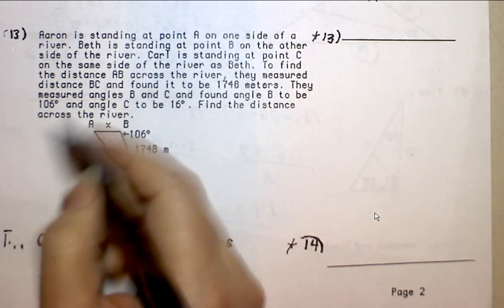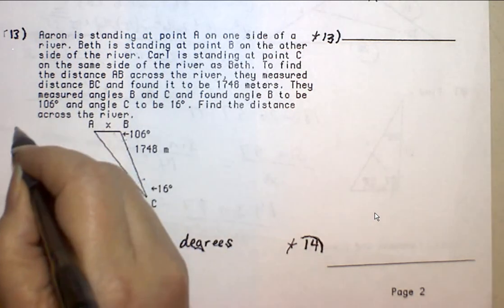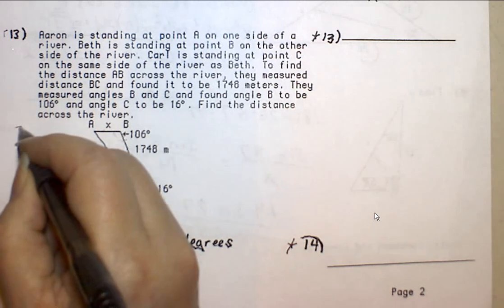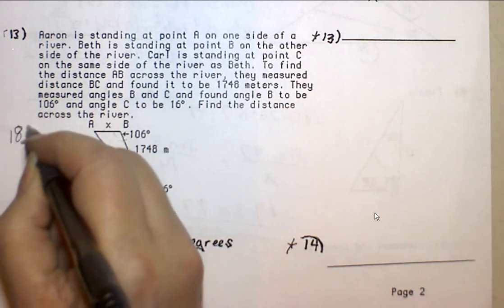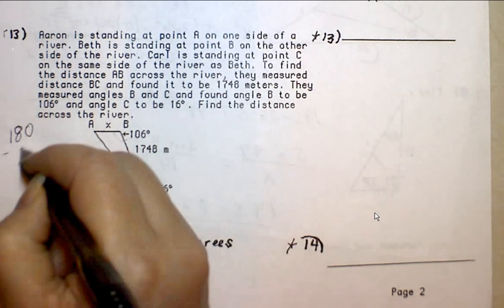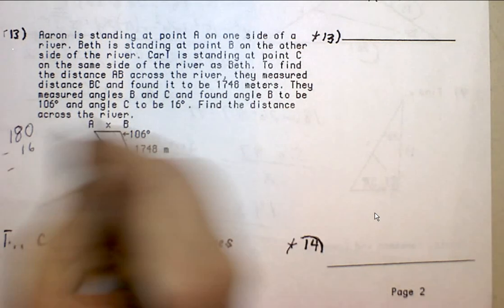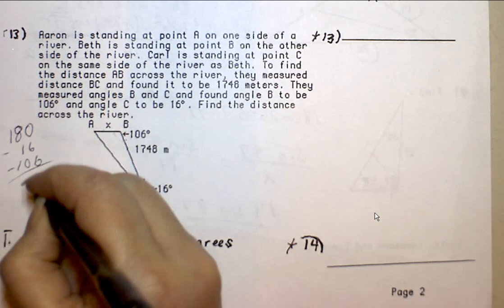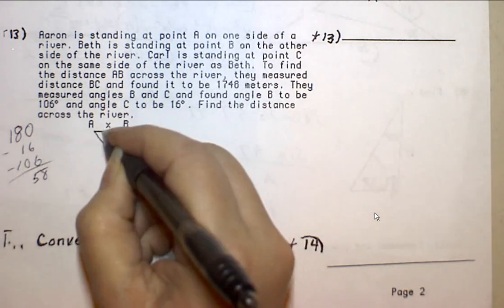So I'm going to take my 180, and I'm going to subtract my 16, and I'm going to subtract my 106. So I get 58. So I have 58 degrees right here.